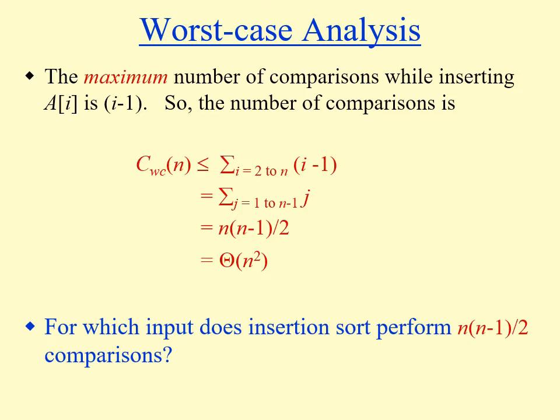Simplifying, if we indicate i minus 1 as j, and i goes from 2 to n, then j goes from 1 to n minus 1. If we do the summation of j, it will be n minus 1 times n over 2.